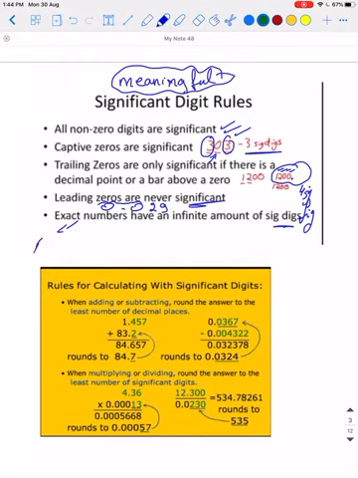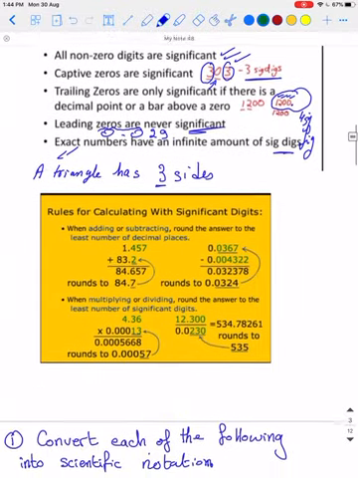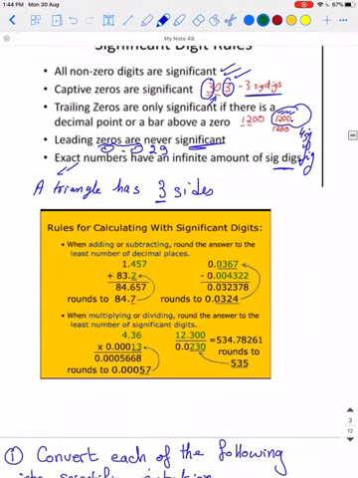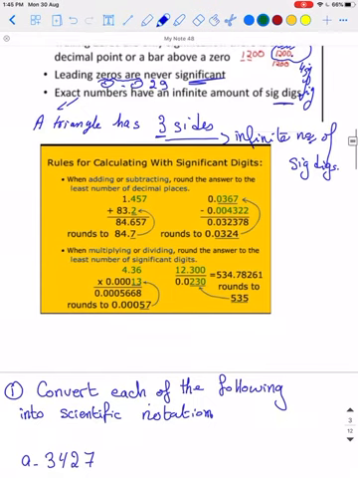Exact numbers have an infinite number of significant digits. For example, we can say a triangle has 3 sides. 3 here, it's not a measurement, it's an exact number. We are determining the number of sides, which is exactly 3 sides. So here it has infinite number of significant figures or significant digits.